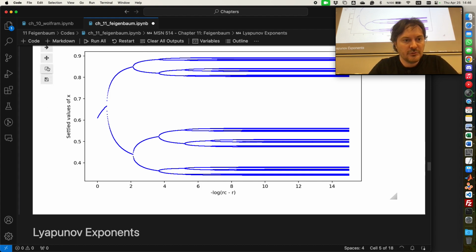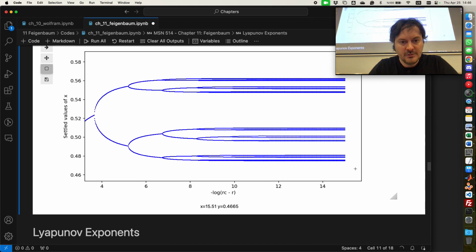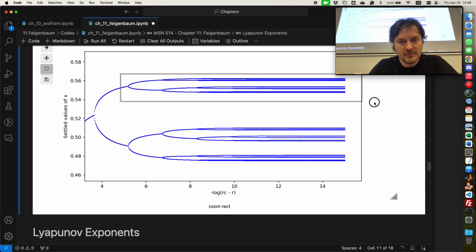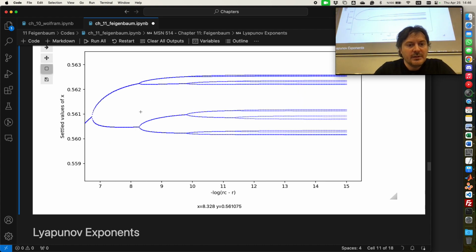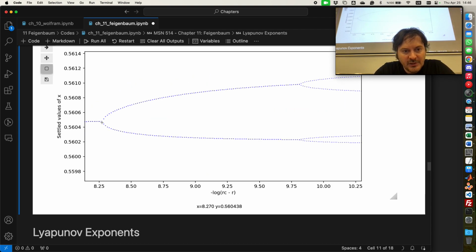Now I should be able to zoom. Okay. If I zoom here, you get the same story. Zoom here, you get the same story. Zoom here, you get the same story. And this distance over here, from here to here, what is this distance? Can you tell me?